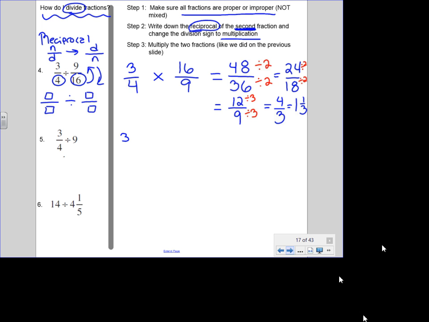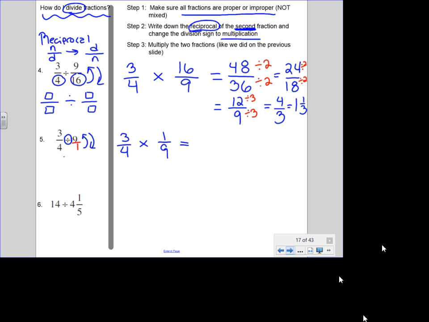For number 5, we have 3/4, which is already a proper fraction. We're going to change our division to multiplication. And notice, 9 is by itself. So remember how we said you can change 9 to a fraction, 9/1. So now I'm going to take the reciprocal of 9/1, and that will be 1/9.